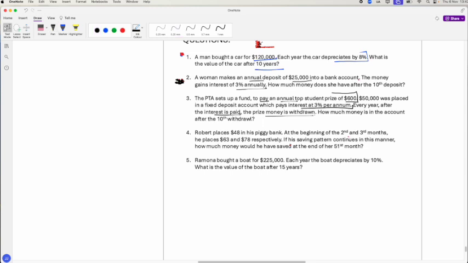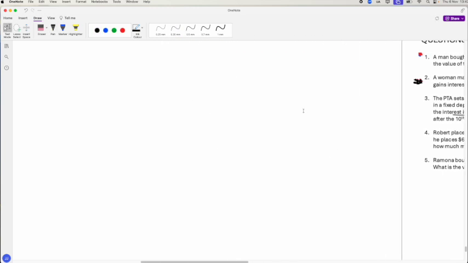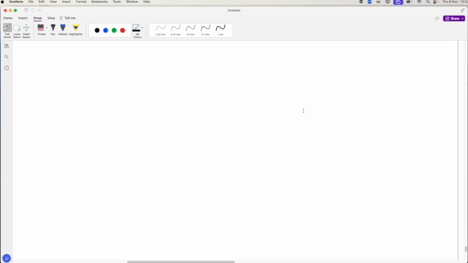How much is in the account after the 10th withdrawal? So we know that P is 50,000. We know that R is 3%. And we know that we'll call it A, that's the amount that is withdrawn, and that is 600. Yeah, then that's big A.